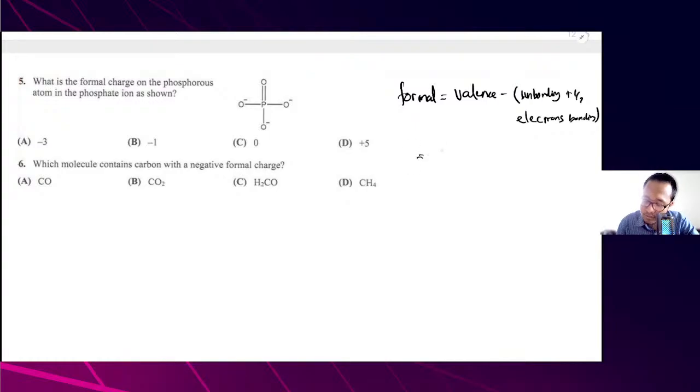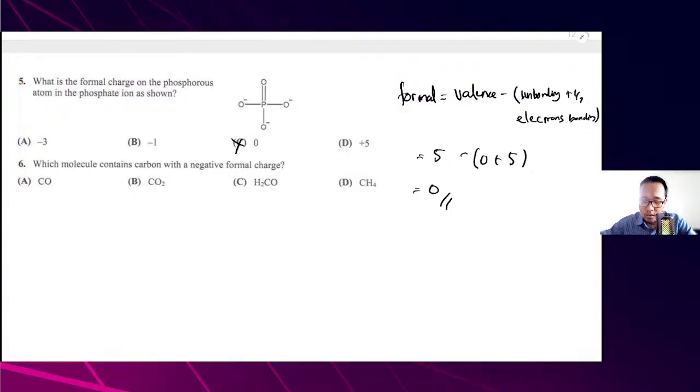The valence of P is 5, right? Nonbonding is 0, and then bonding is 1, 2, 3, 4, 5, so there are 10, half is 5. So the answer will be 0. The answer will be C. Number 5, the answer is C.